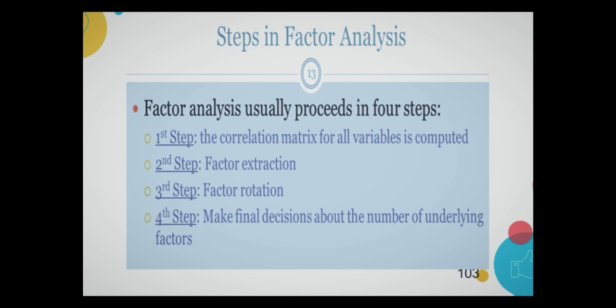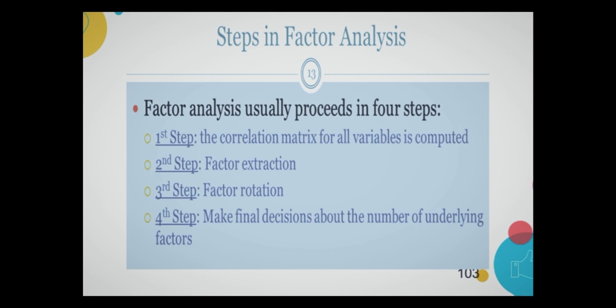So maybe from let's say 12 variables, we only extract 3 components. Then the next step, we will see which variables go to which component. Okay, that is the second one. The second, we want to know how many components will be extracted.